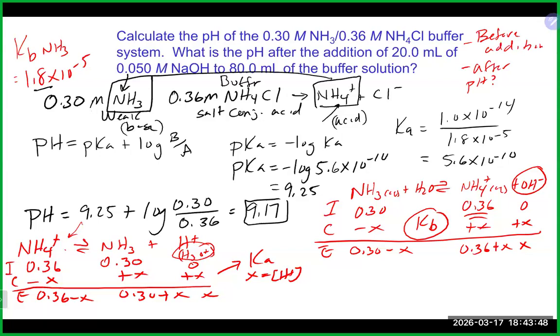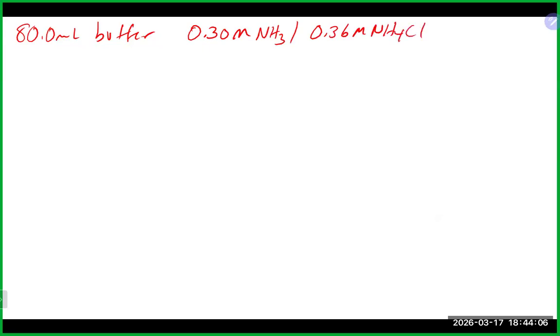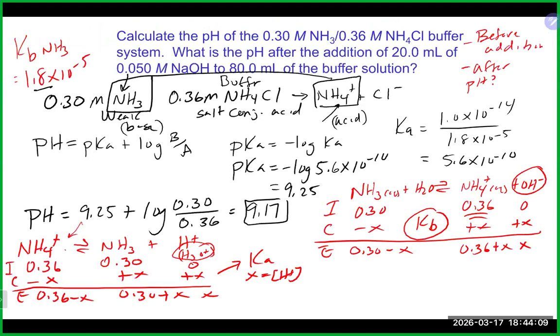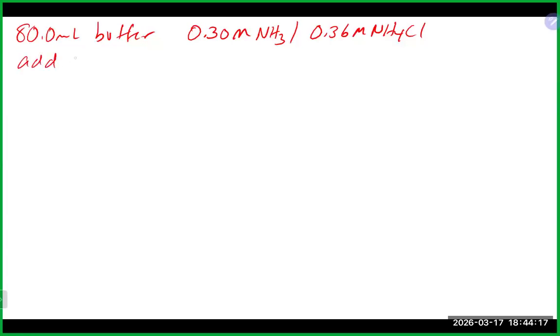All right, let's take a look at the second part here. We're going to take 80 milliliters of this buffer that is made up of 0.3 molar NH3 and 0.36 molar NH4Cl, and to that we're going to add 20 milliliters of 0.050 molar sodium hydroxide.